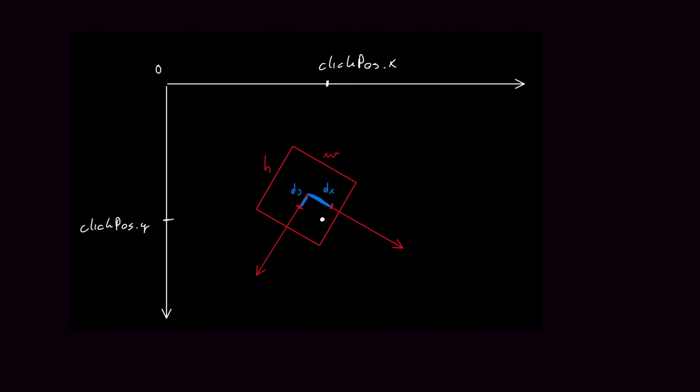The click pose variable contains the click position from the perspective of the main coordinate system. When using inverse transform from the object, we get the dx, dy coordinates from the perspective of that object. Now we need to check if these coordinates are within the bounds of the rectangle, either by using formulas directly or by calling the contains method, which does similar calculation.